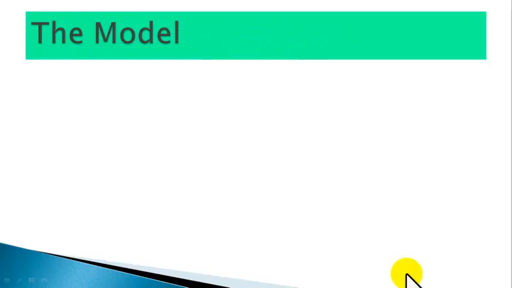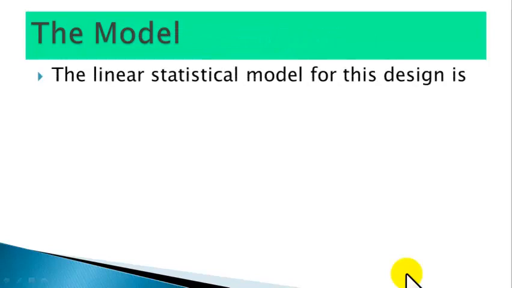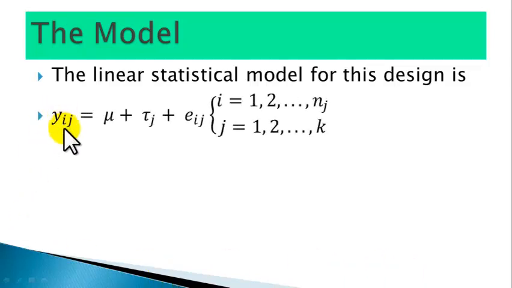The model. The linear statistical model for this design is Yij equals mu plus tau j plus Eij, for i running from 1 to nj and j running from 1 to k, where Yij, as defined before, is the observation of treatment j on unit i.